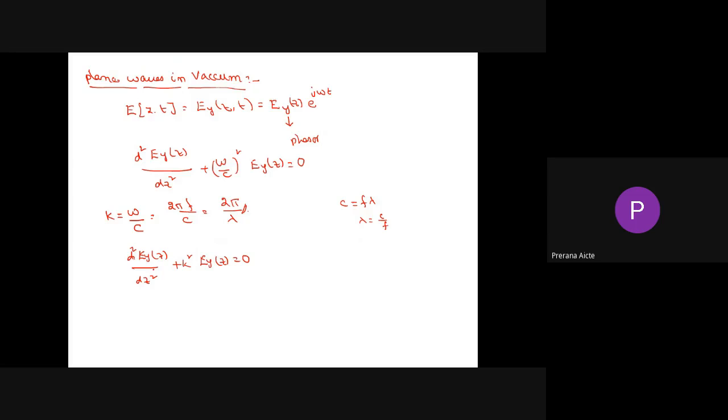The solution of this equation, Ey of z, is equal to a into e power minus j k z plus b into e power plus j k z. This is the solution of the second order one-dimensional differential equation.